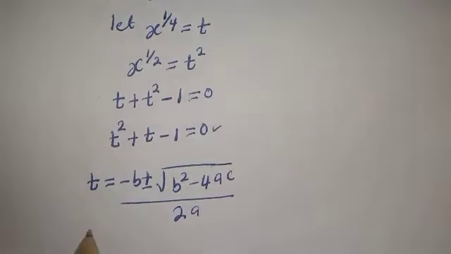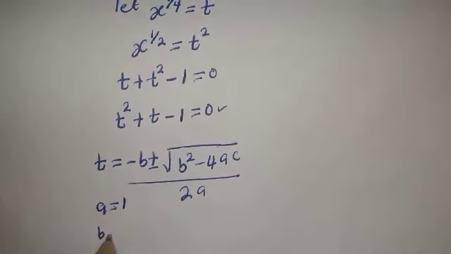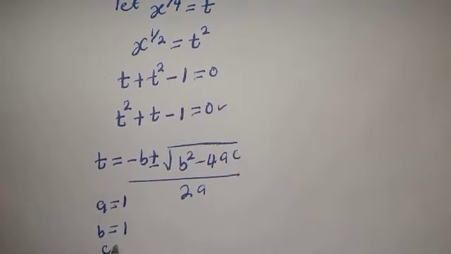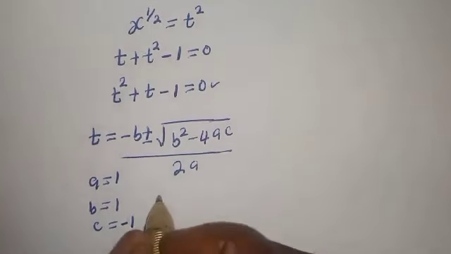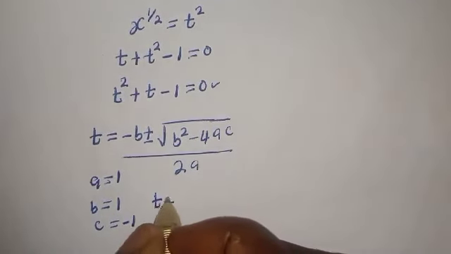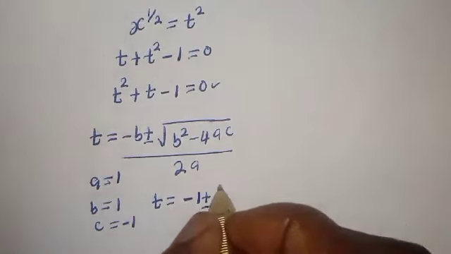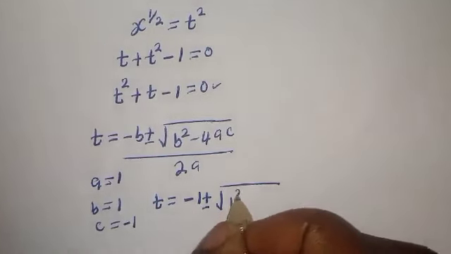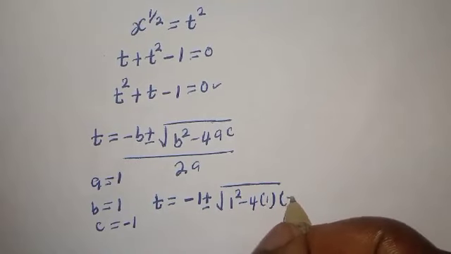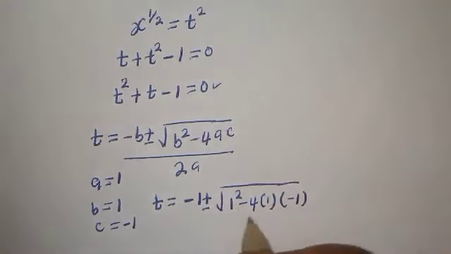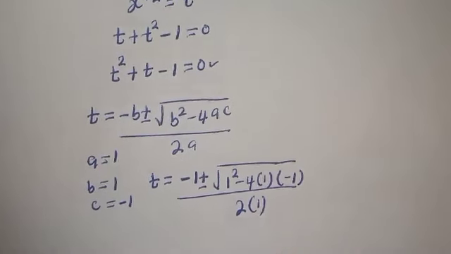And from this equation, a is equal to 1, b is equal to 1, c is equal to minus 1. t is equal to minus 1 plus or minus square root of 1 squared minus 4 multiplied by 1 multiplied by minus 1, over 2 multiplied by 1.